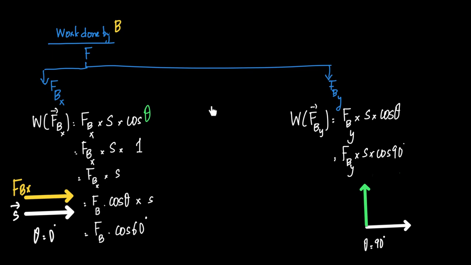Now, in contrast to FBX, while we discuss FBY, what do we see? What we see is the angle between the force vector and the displacement vector is 90 degree, and therefore what is this cos theta? It is cos 90, which is equal to 0. Right?